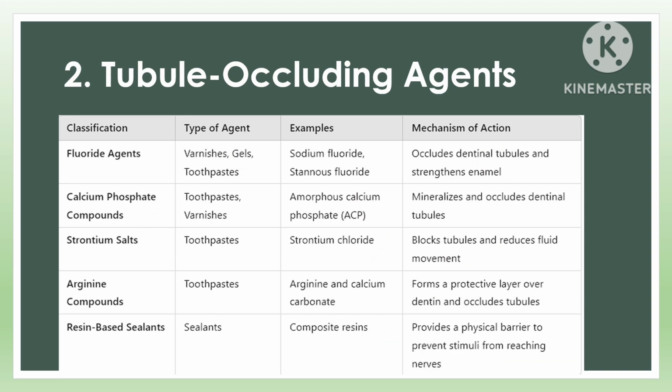Arginine combines with calcium carbonate, and these form a protective barrier over the exposed dentin and effectively occlude tubules. Resin based sealants can also be used as dentin blocking agents, and these are composites used in dental treatments. They create a physical barrier over the dentin, preventing stimuli from reaching the nerves.